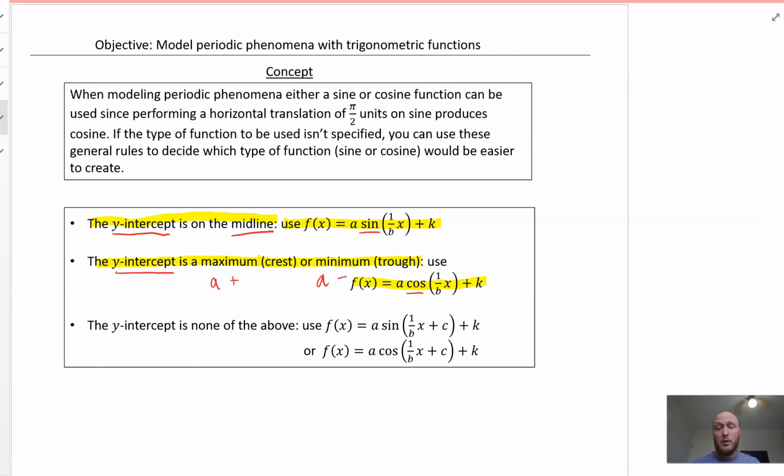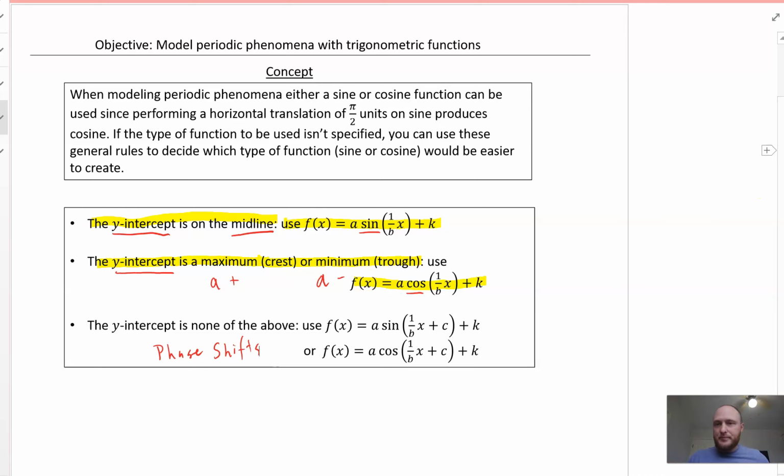If it's neither, then we're going to have to use phase shifts, and this isn't going to be the case today. Today we're not going to look at any case where we have phase shifts. You're welcome. But it is possible to analyze where my crest is, where my trough is, and then generate a function using a phase shift that accurately models this.